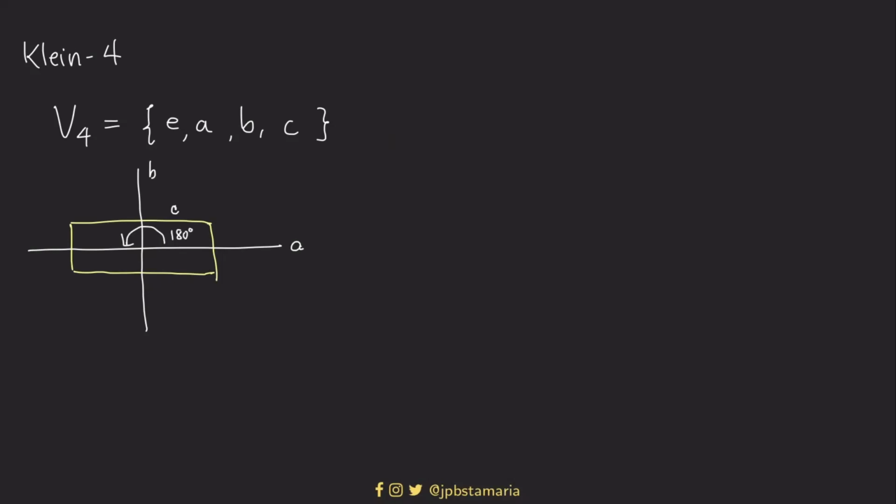Now, what did we learn about this group? This is its group table. E, A, B, C. Because E is the identity, it should be E, A, B, C here, and also A, B, C. So, as you can see, A is a mirror reflection. If I do A times A, what do I get?